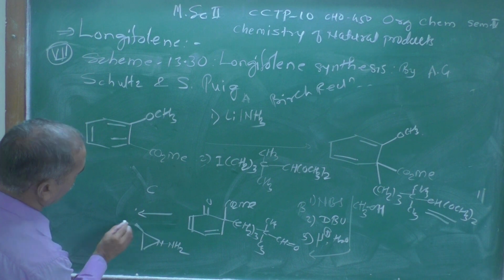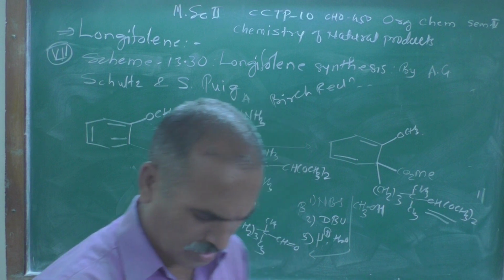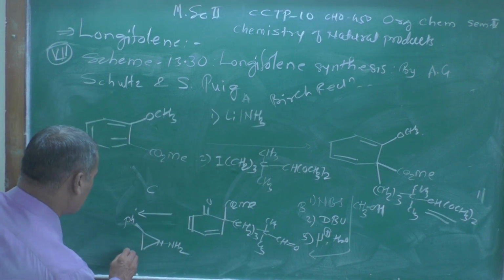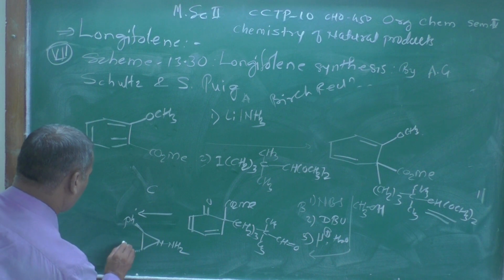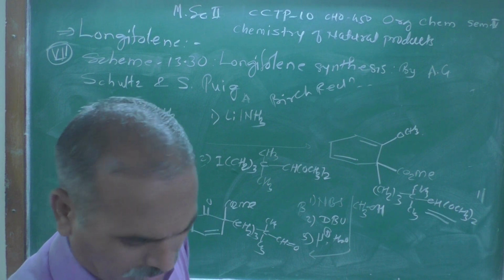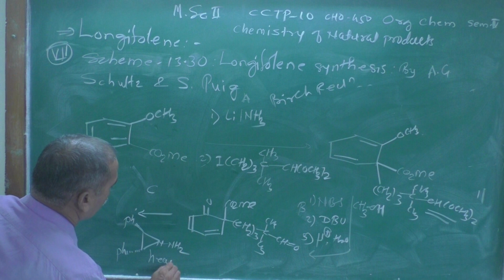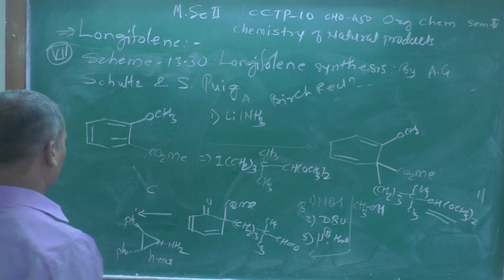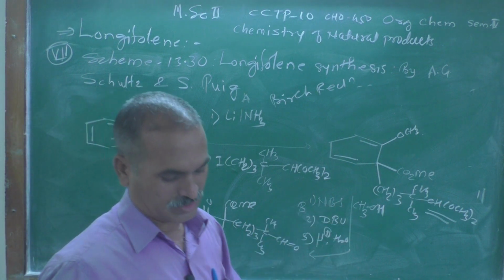This is a phenyl group, and another phenyl group which is exactly opposite. One phenyl group is above the plane, one phenyl group should be below the plane, and then heat treatment is given over here. Sometimes it is shown by the symbol triangle, or just written as the word heat.